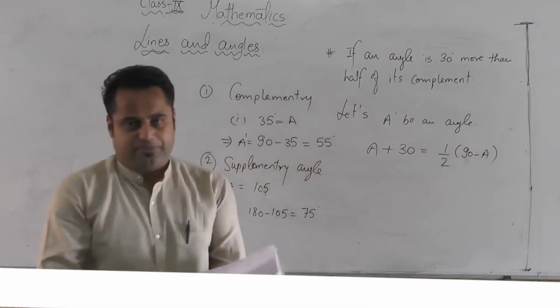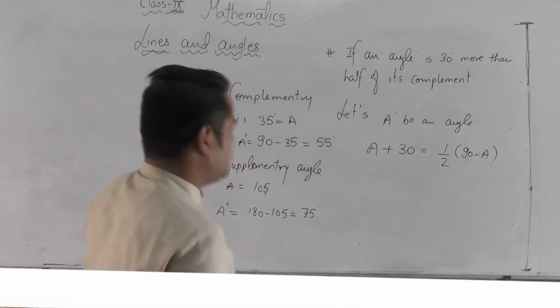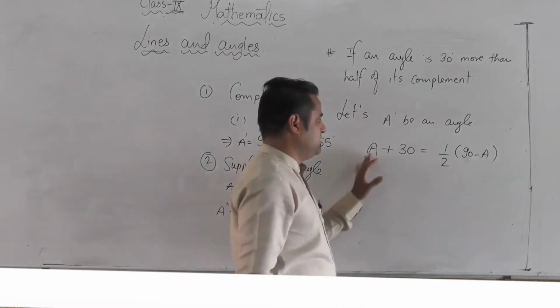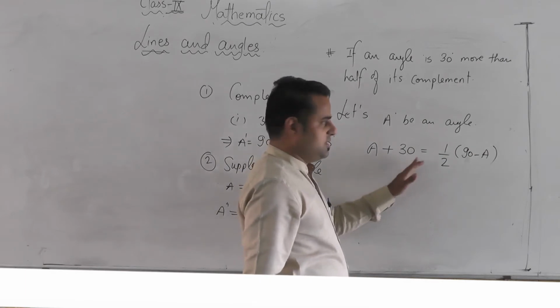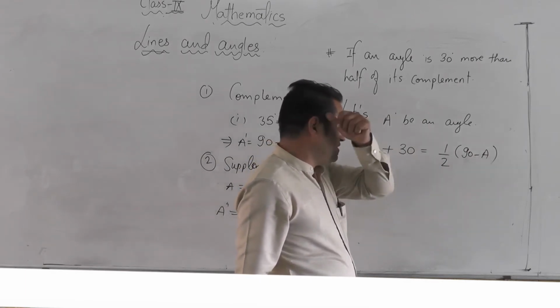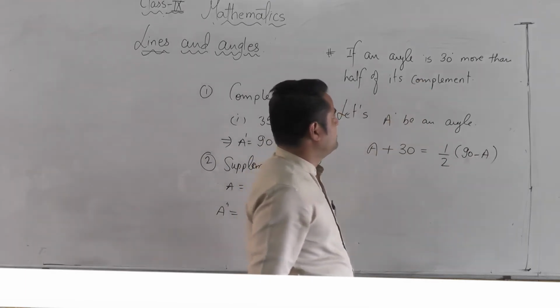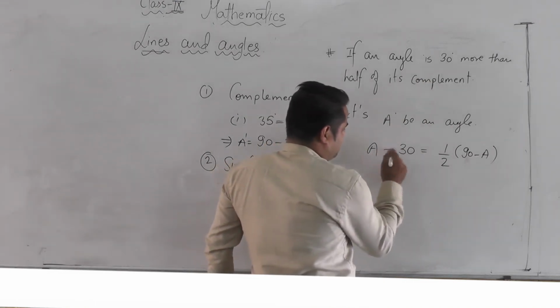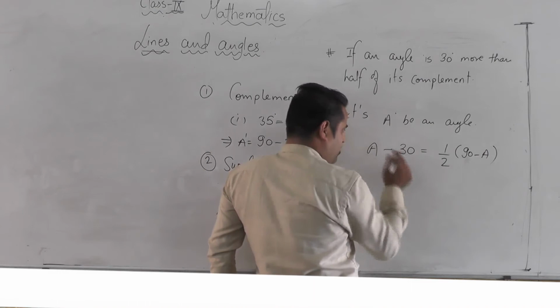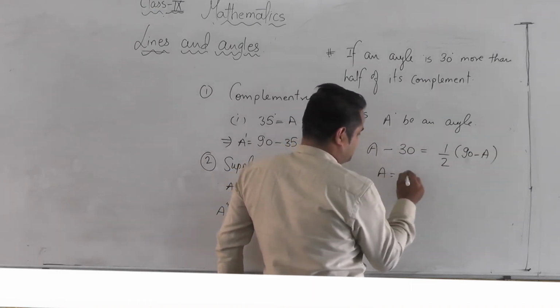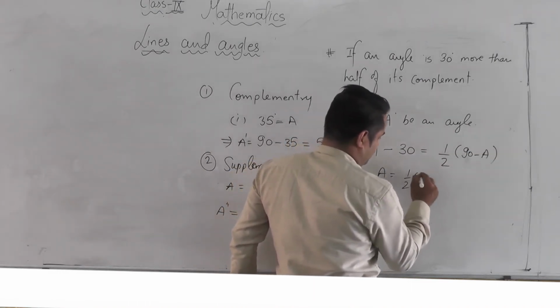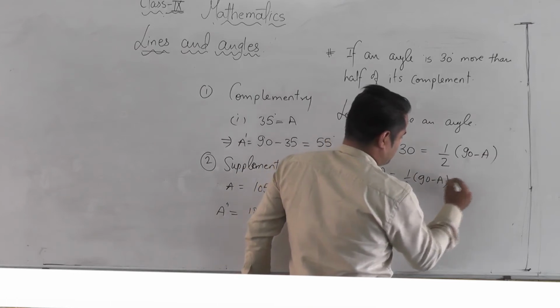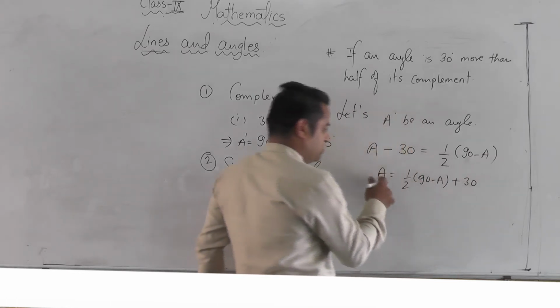So this would be the statement that this angle is 30 degree more than half of its complement. Okay? So here you can subtract 30 so that it can be balanced, or we can add that 30 to the other side. And half of the complement, having 30 more, would be equal to the angle.